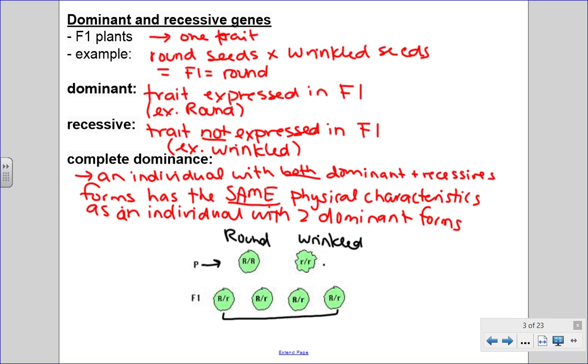All of these have the same physical appearance as the original round seed. Even though they don't have the same gene combination, we're saying that that gene was completely dominant. Even though F1 has one copy of the dominant and one copy of the recessive, they look the same as an individual that had two copies of the dominant form.